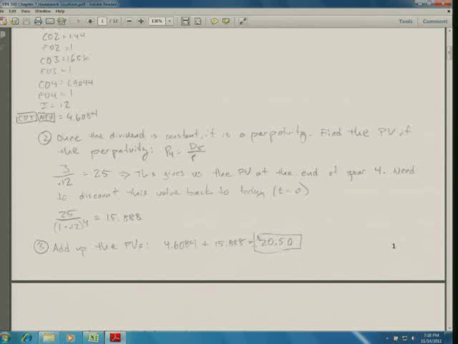And so we add those guys up and we find a total present value of $20.50. So that is the present value of all the dividends we expect to receive over the life of the stock. So if that's the way that we value stock, using this dividend discount model, that $20.50 is what we would be willing to pay in order to receive those expected future dividends. So that's what would be the price of the stock.